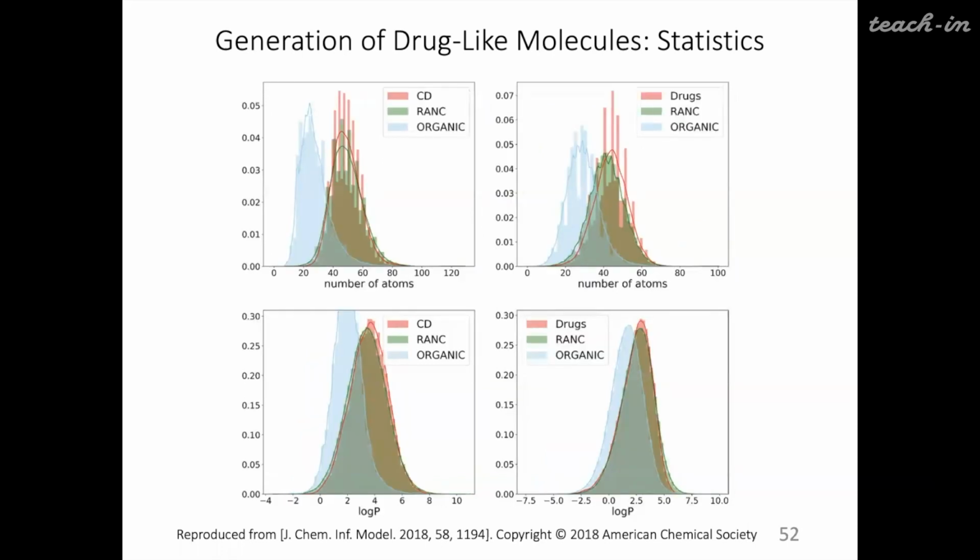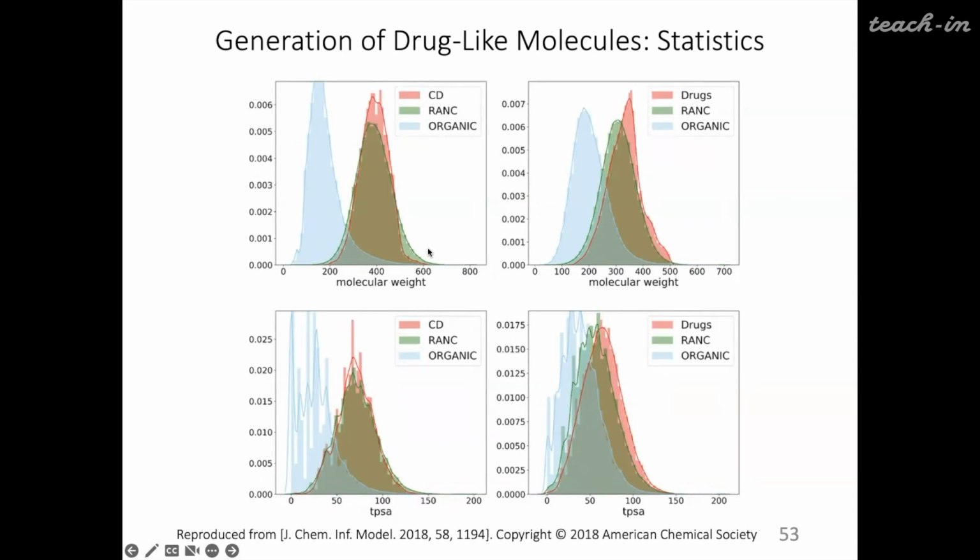The authors compared structural parameters or properties like log P and number of atoms, and indeed they got a model that generates drug-like molecules that are quite similar to those from the original data set. The statistics on molecular weight and topological polar surface area are also given. And indeed, they get quite similar distributions.